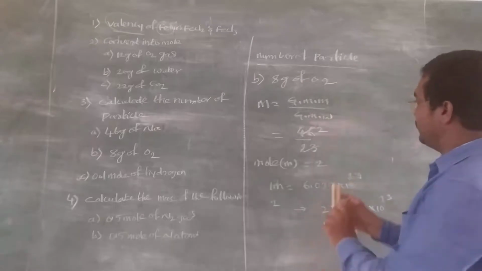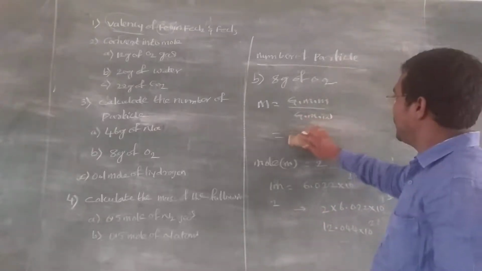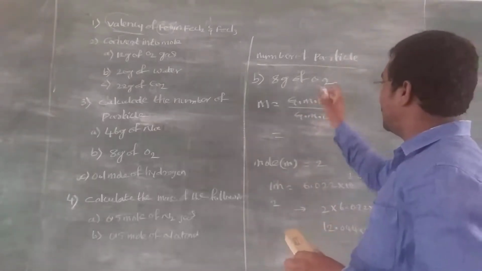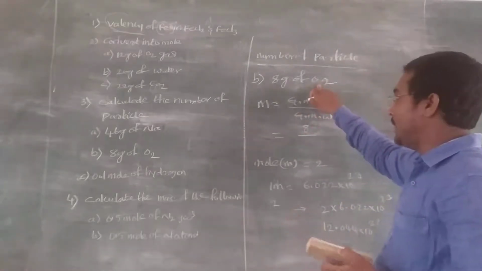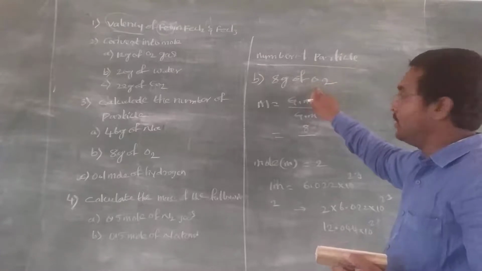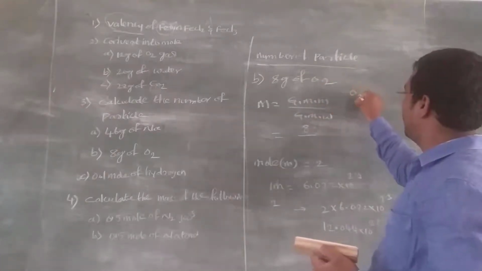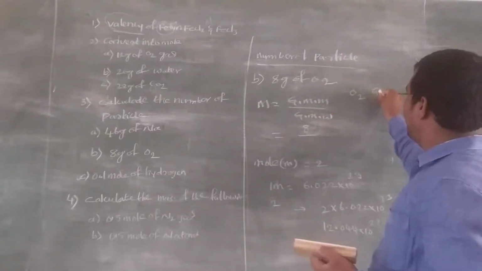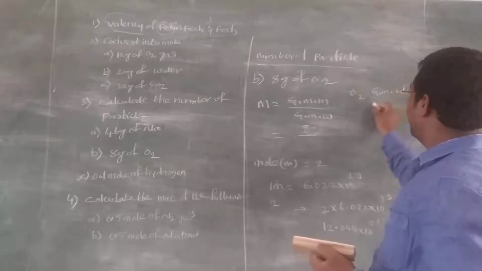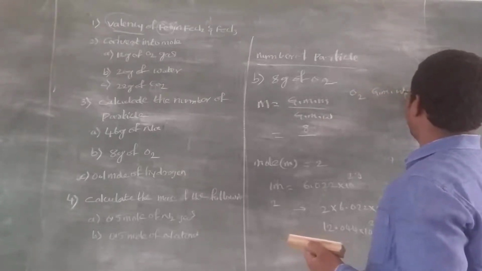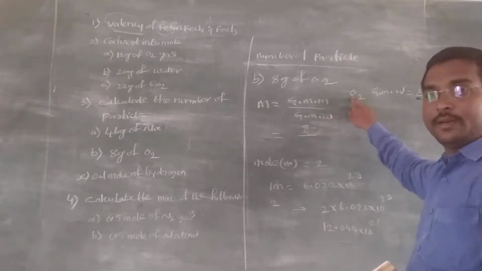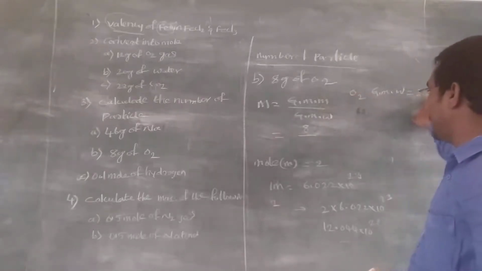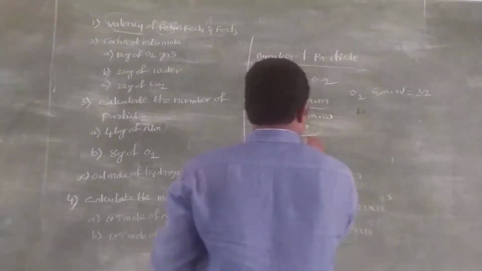Given mass is 8. For the oxygen molecule O2, the gram molecular weight is 16 into 2, which is 32.